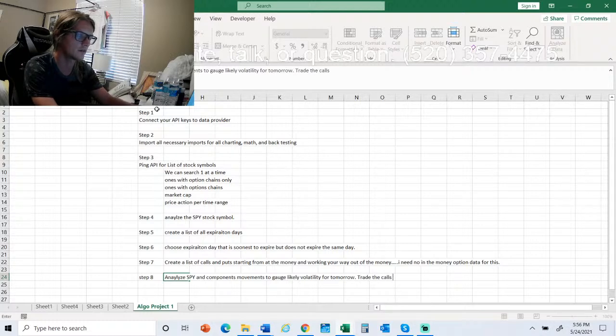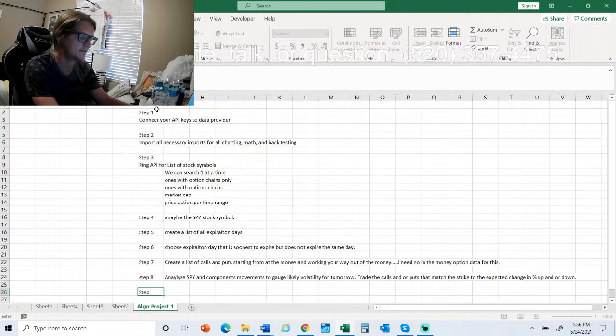Trade the calls and or puts that match the strike, the expected change in percent up and or down.